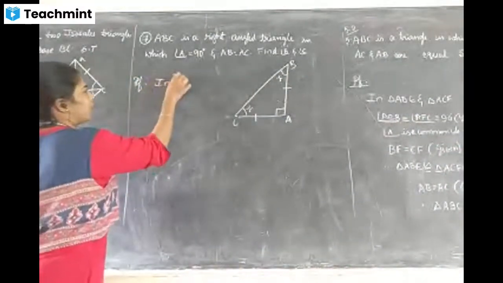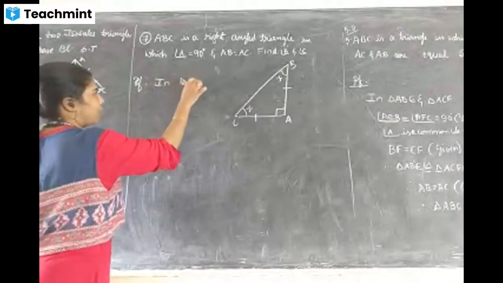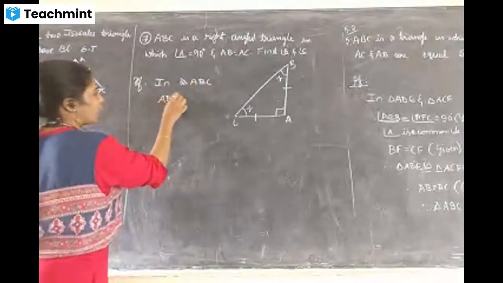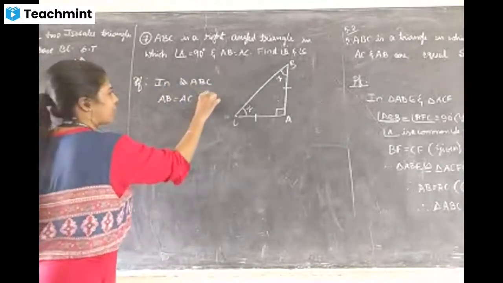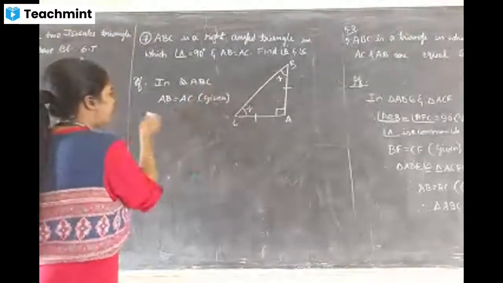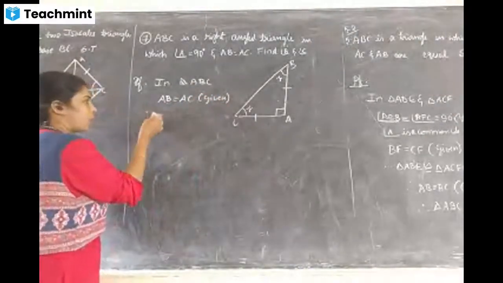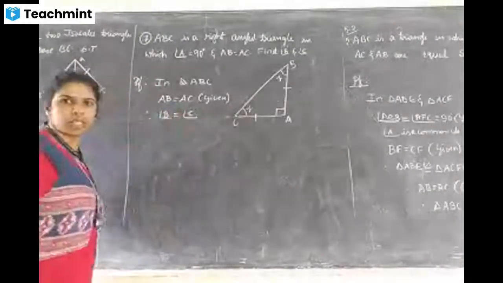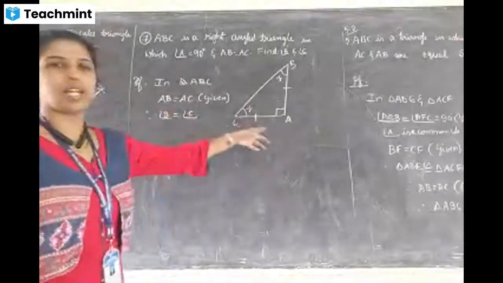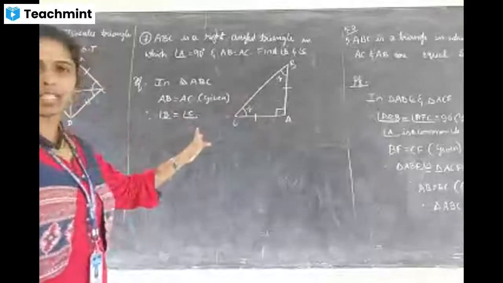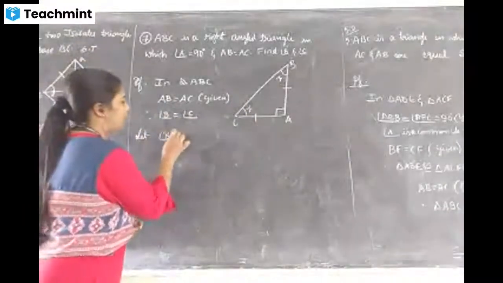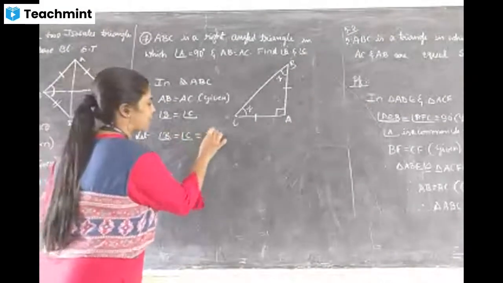In right angle triangle ABC, what is given? AB equal to AC is given. Therefore, angle B is equal to angle C. When AB is equal to AC, this is isosceles, then base angles are equal. So let angle B equal to angle C as x.